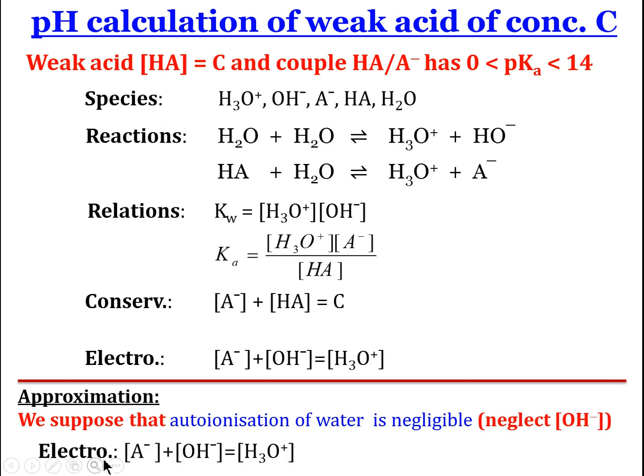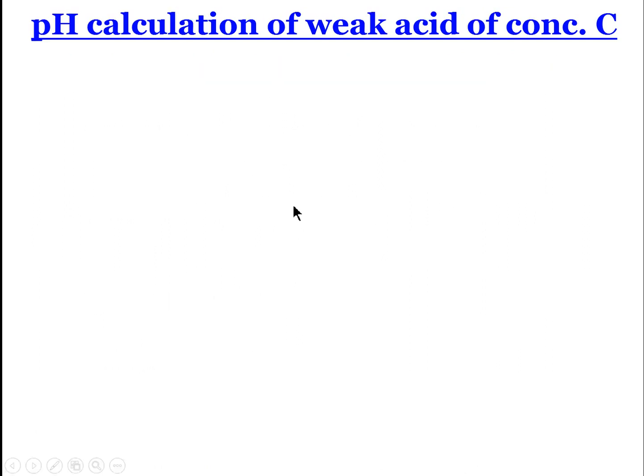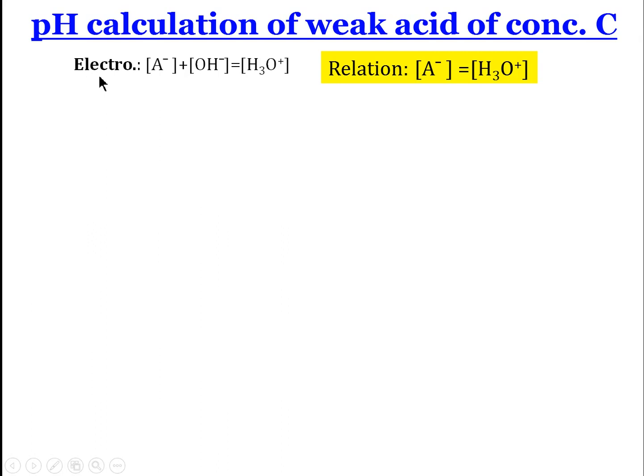So in the expression of the electroneutrality, A- plus OH- equal H3O+, we can neglect OH- with respect to A-, and in this case, the concentration of A- formed in the solution is equal to the concentration of H3O+ total in the solution. We did an approximation in the expression of the electroneutrality: OH- is negligible with respect to A-, and we obtained A- in the solution is equal to H3O+ in the solution.